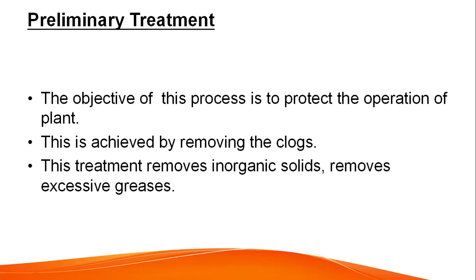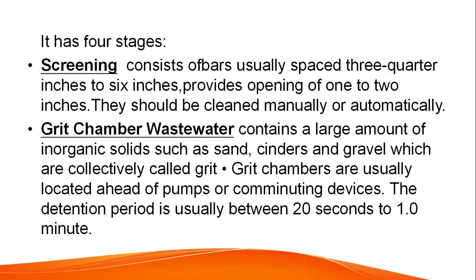So there are certain processes of it. We will see it in the next slide. It has four stages. Screening. It consists of bars usually spaced 3/4 inches to 6 inches. It provides the opening of 1 to 2 inches so that if there are some substances which can clog the operation plant, it restricts them.